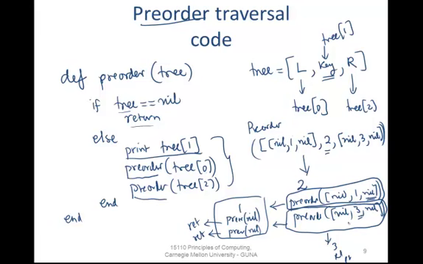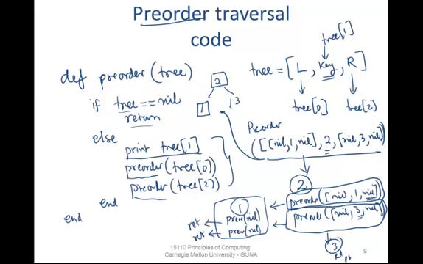So the way the numbers are going to be printed would be 2 and 1 and 3 in that order. So the tree we have is 2. According to this representation, the tree would be 2, 1, and 3. And then we see that preorder traversal gives you that 2, 1, and 3. So this concludes the short tutorial on recursion and tracing.